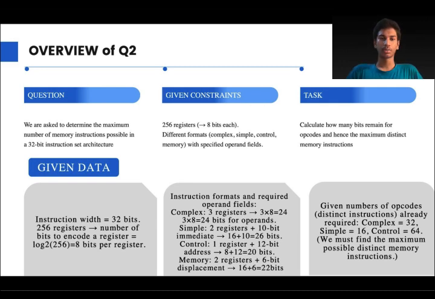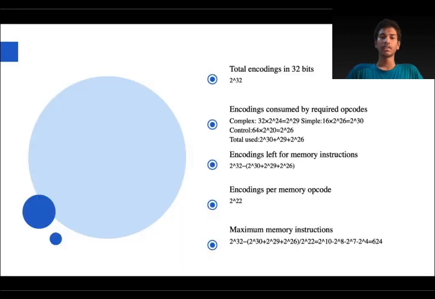So each opcode combined with all its possible operand values occupies a number of distinct 32-bit patterns. Since each instruction is of 32 bits and each bit can be either 0 or 1, the total combinations are 2 power 32. That is, the total patterns cannot exceed 2 power 32.